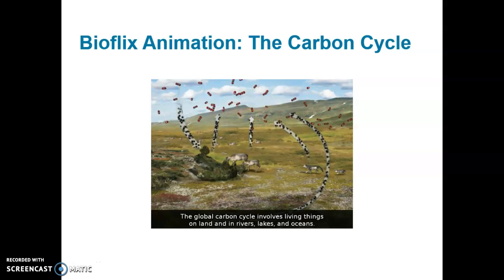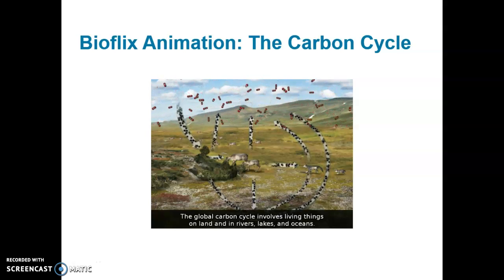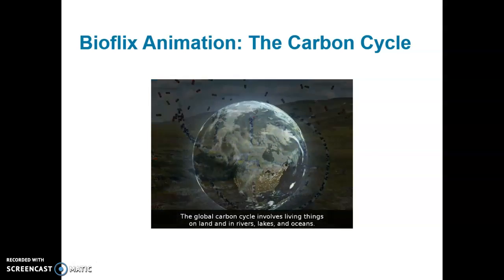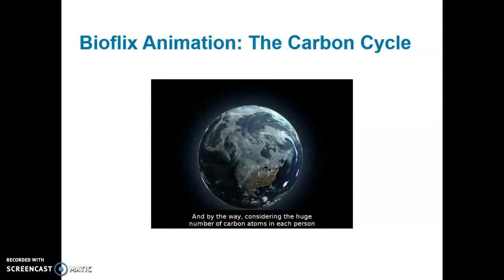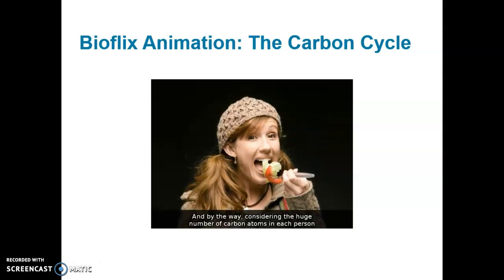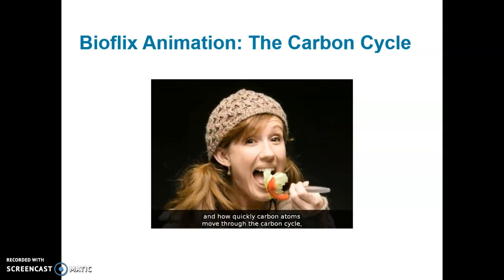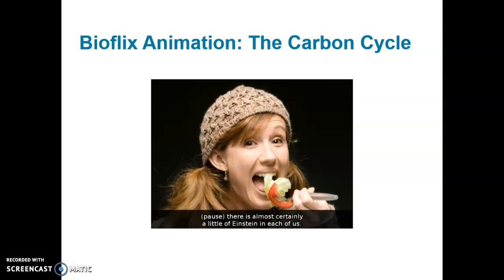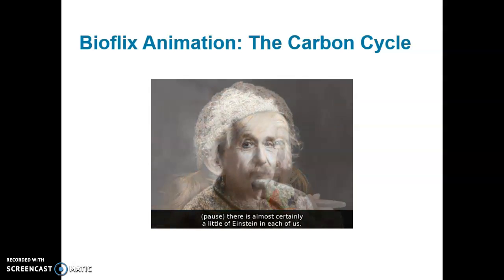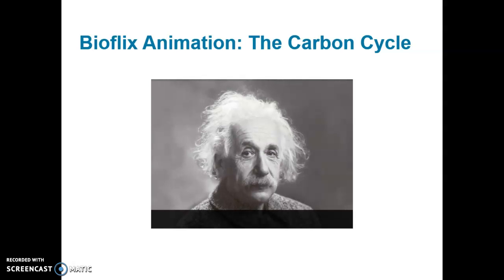The global carbon cycle involves living things on land and in rivers, lakes, and oceans. And, by the way, considering the huge number of carbon atoms in each person and how quickly carbon atoms move through the carbon cycle, there is almost certainly a little of Einstein in each of us.